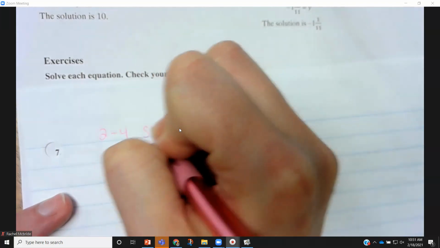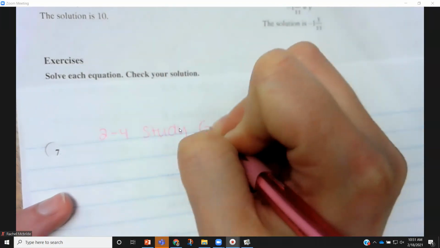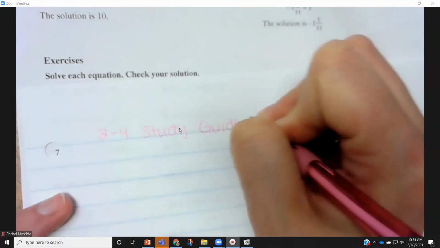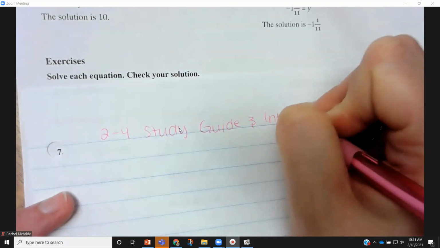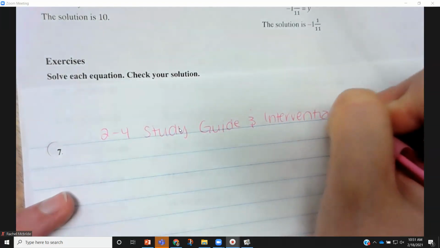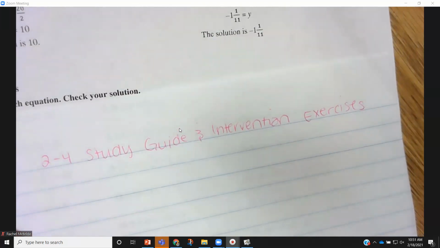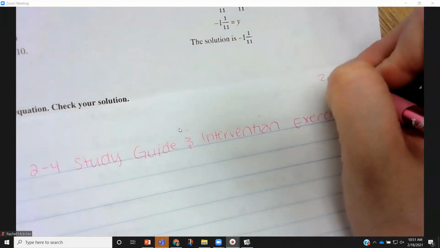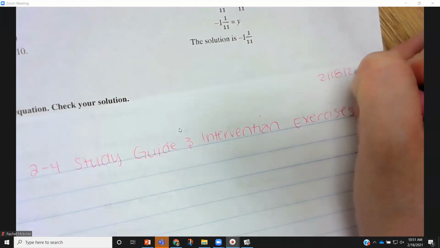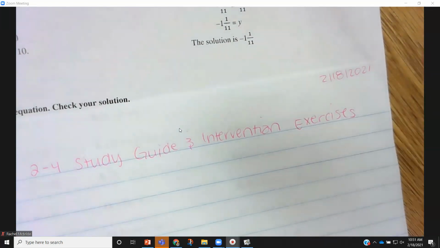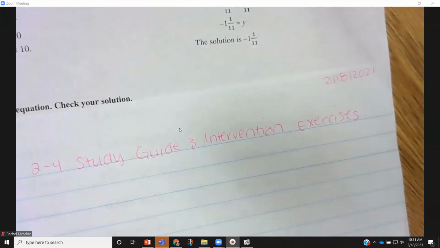At the top of that page, put 2-4, Study Guide and Intervention, Exercises. If you're like me and you like to be super organized, put the date at the top. Today is 2/18/2021.